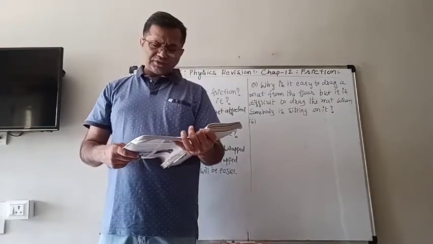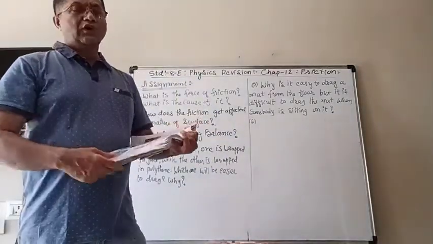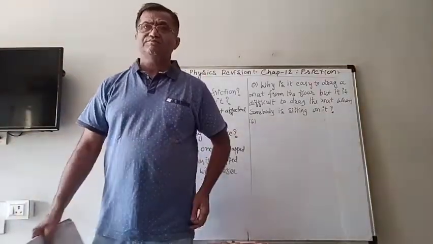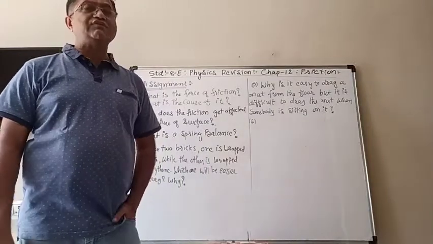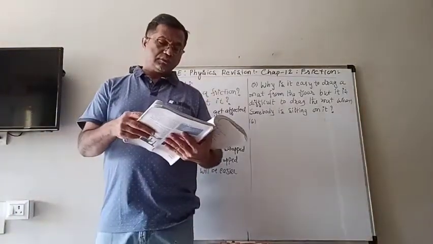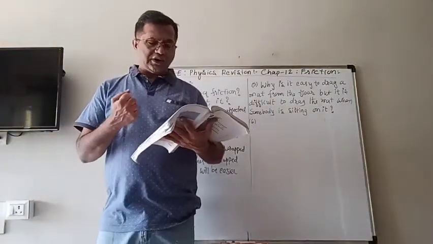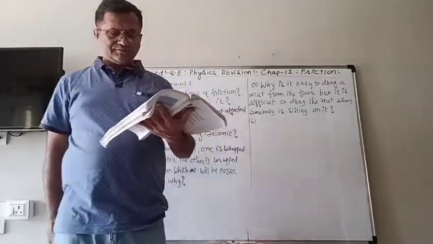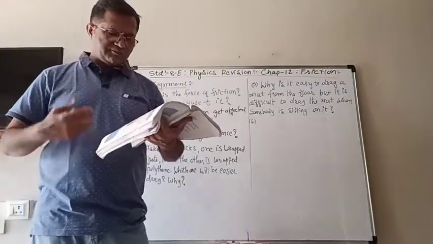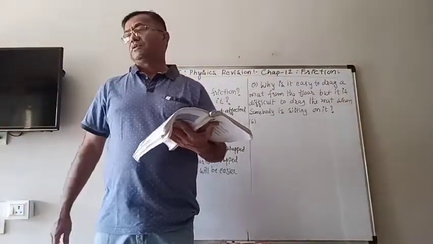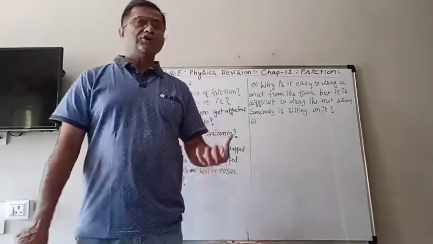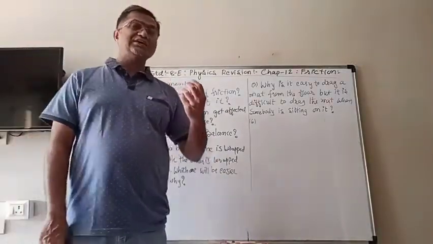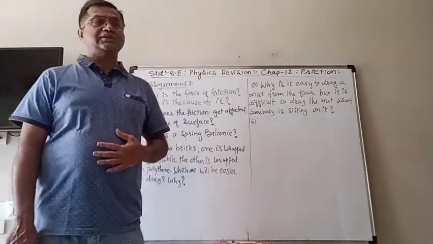Now if you want to drag a brick on different surfaces, the force needed will be different. For that, you can wrap it in polythene, or wrap it with jute, and so on. You will see that jute is a rough material while polythene is a little smooth material.